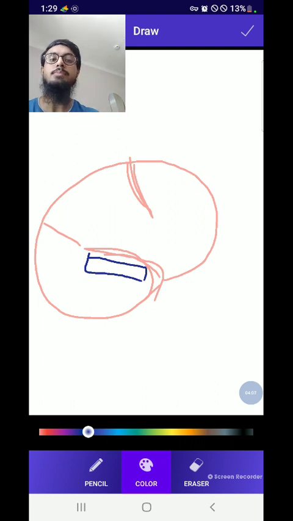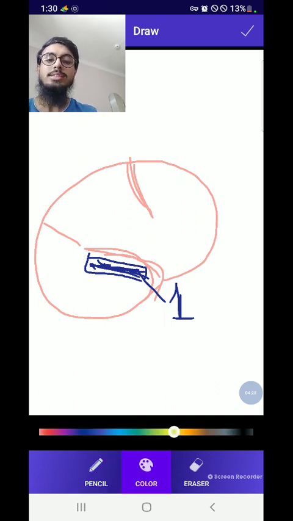So this area is the primary auditory area through which we can hear. This first one is the primary auditory cortex.